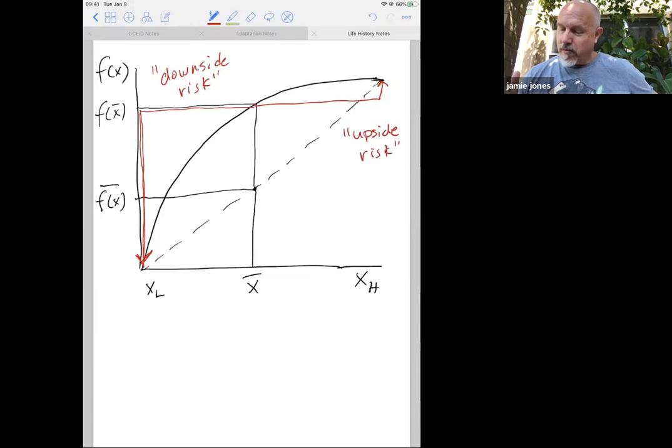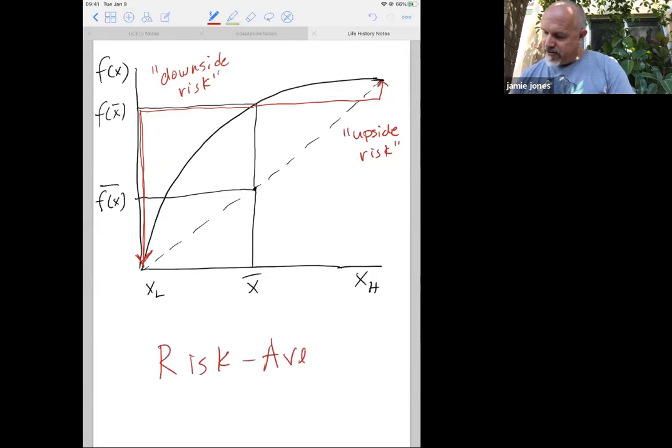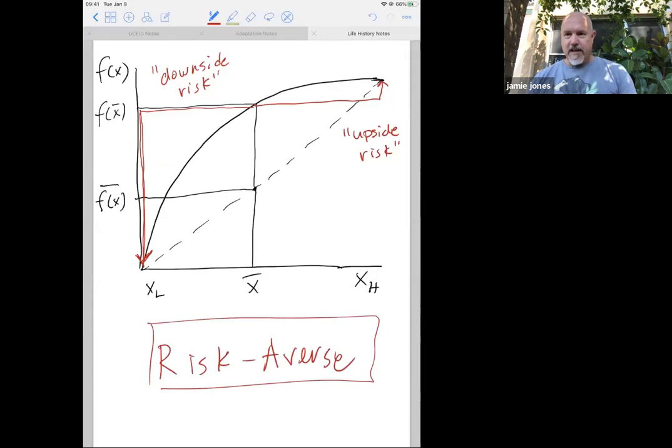Of someone who has a preference function that looks like this, whether it's in their head or plays out through population dynamics and fitness differentials, we say that this person is risk averse. This is the definition of risk aversion in the economic sense. It arises from the curvature of a fitness function.